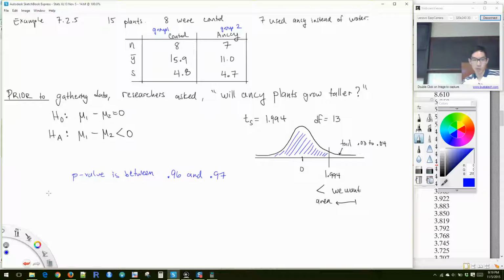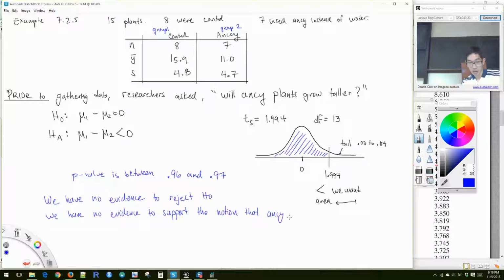No. Because our p-value is so big, we have no evidence to reject the null. We have no evidence to support the notion that ANSI plants grow taller.